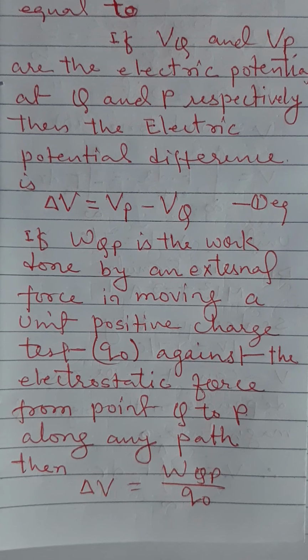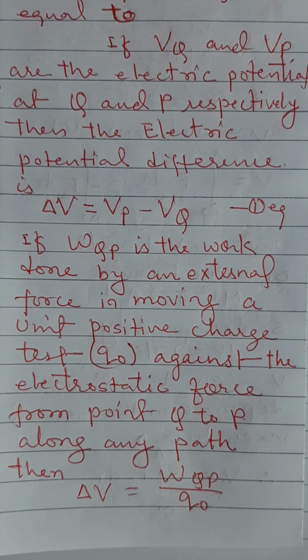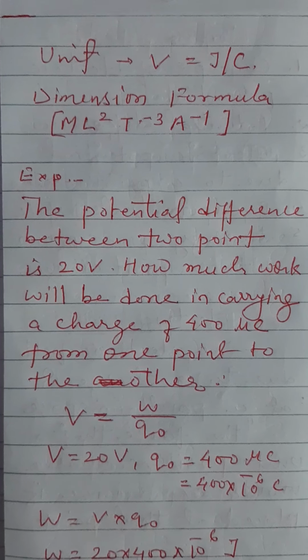If W QP is the work done by an external force in moving a unit positive charge against the electrostatic force from point Q to P along any path, then the electric potential difference is given by W QP by q naught.